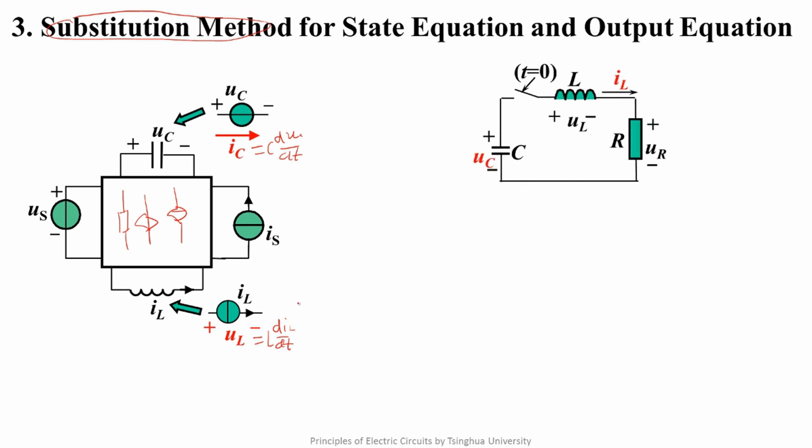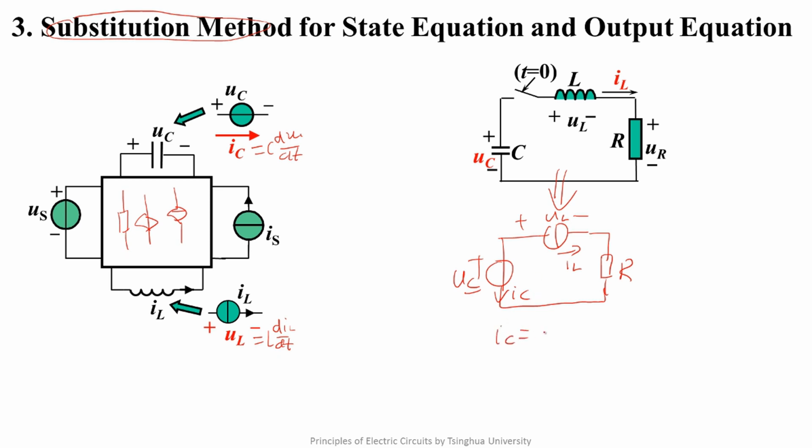Specifically, we look at such an RLC series circuit. Redraw the circuit with the previous approach. We can get such an equivalent circuit. What we need to do is to express IC and UL by UC and IL. It's clear that IC equals minus IL and UL equals US minus UC minus UR.